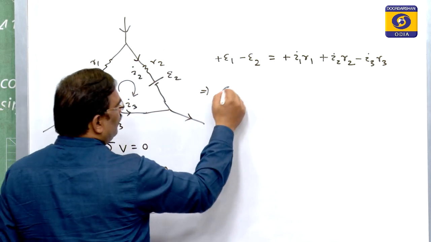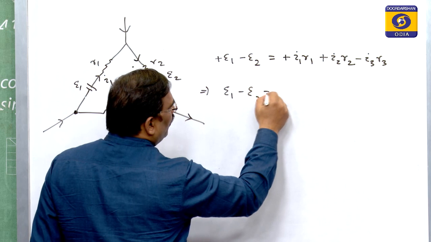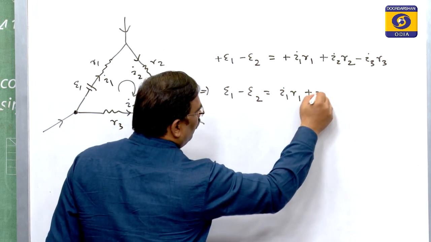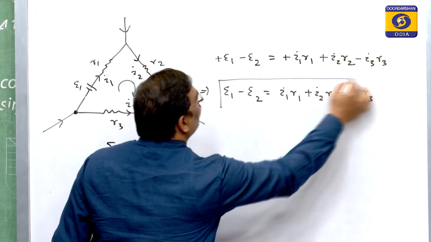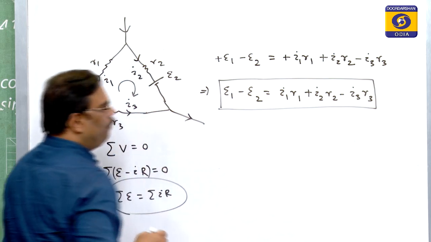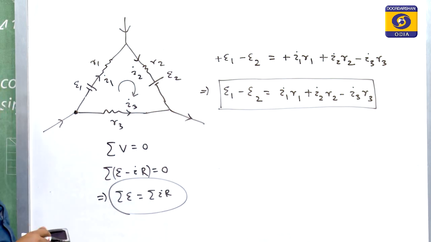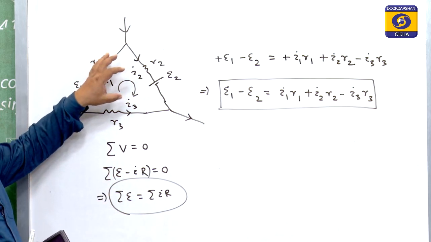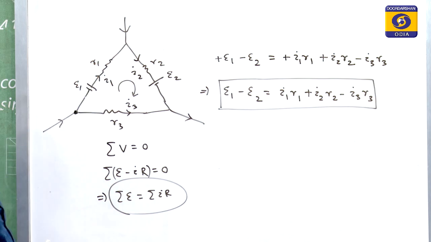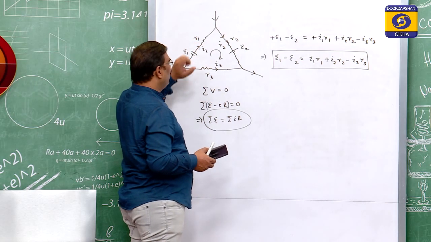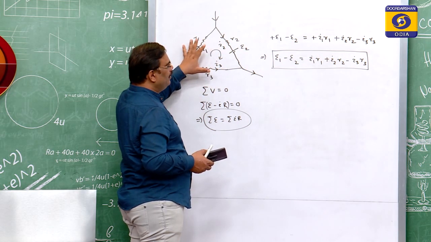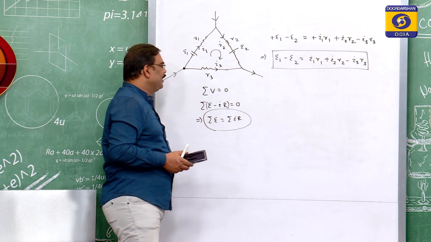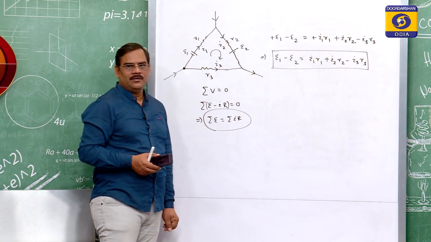So, I can write E1 minus E2 equal to I1 R1 plus I2 R2 minus I3 R3. This is the way in which we can apply Kirchhoff's second law in a closed network or mesh to find out the values of unknown resistance, current, EMF, etc. in the circuit. It is in accordance with the law of conservation of energy.